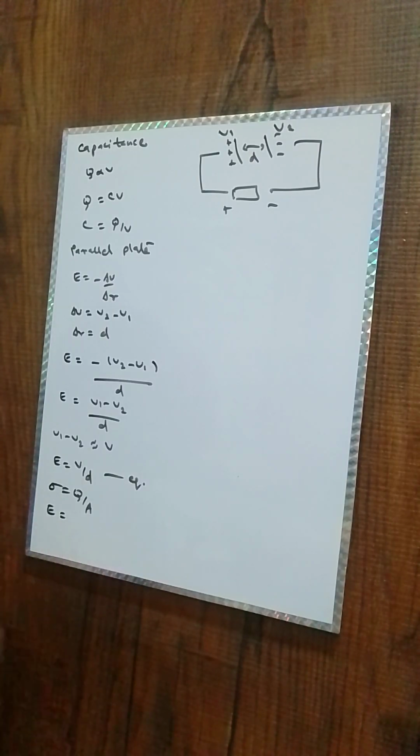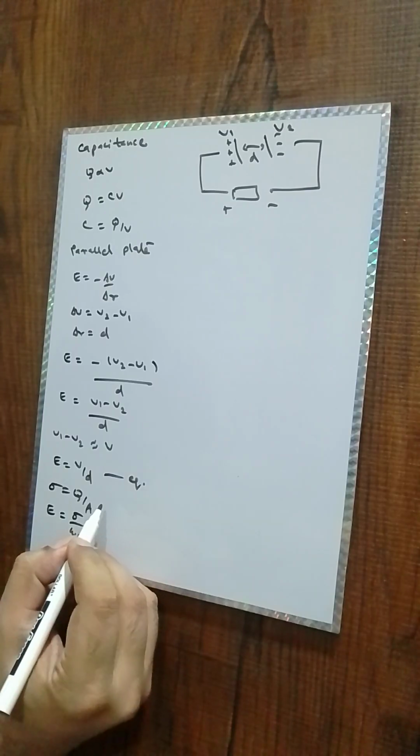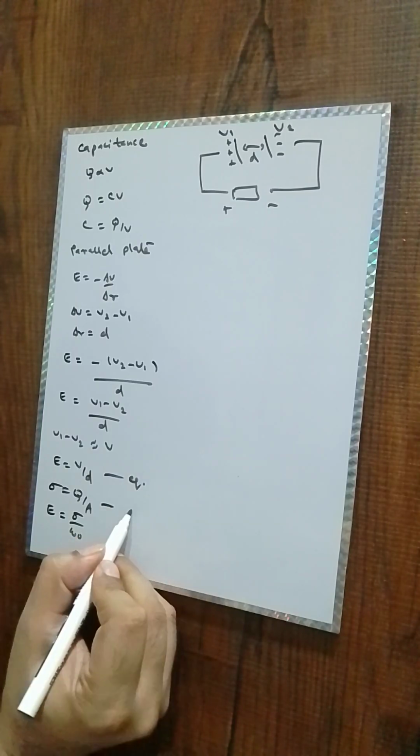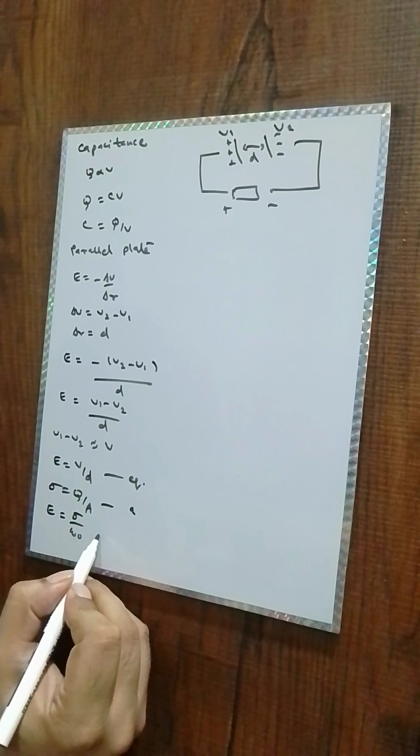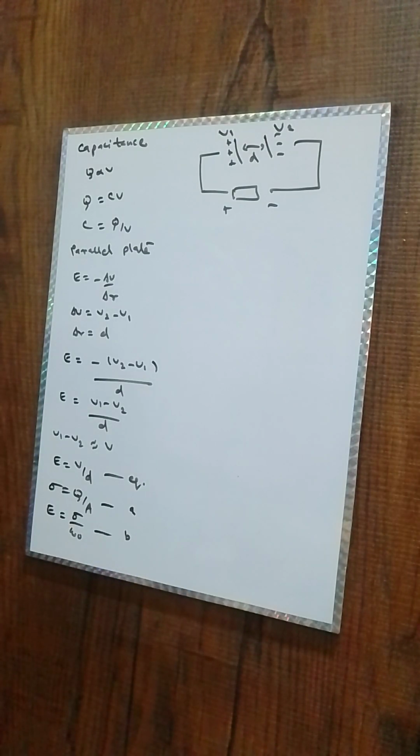So E is equal to sigma by epsilon naught. This is also known, so we know this when we will use this as a substitution, and maybe this one as well, we'll see.